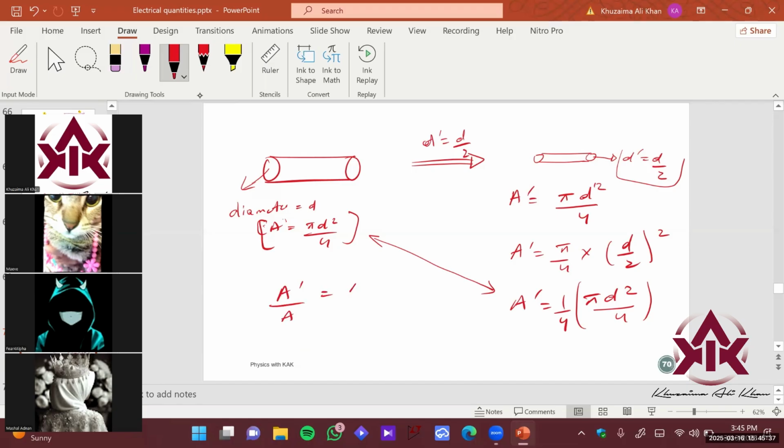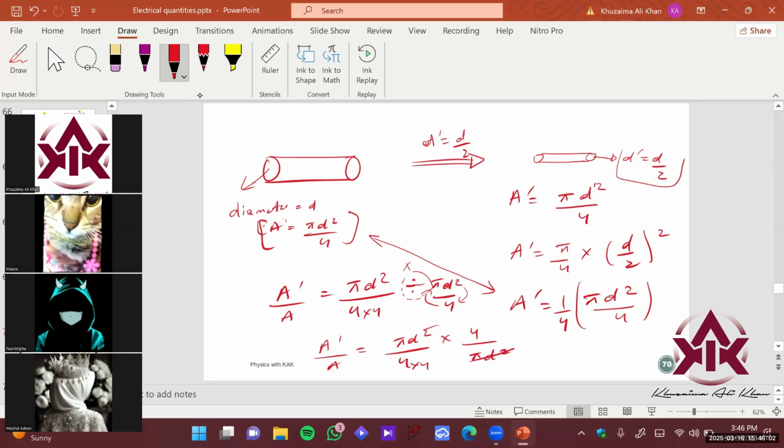So it's going to be pi d square upon 4 into 4, divided by pi d square upon 4. So obviously this will reciprocate. This will convert to a multiplier sign, and I would reciprocate this. This becomes A bar upon A equals pi d square upon 4 into 4 times 4 upon pi d square.